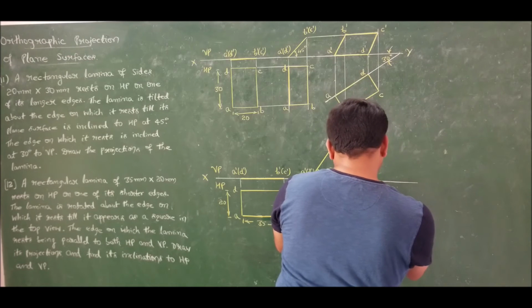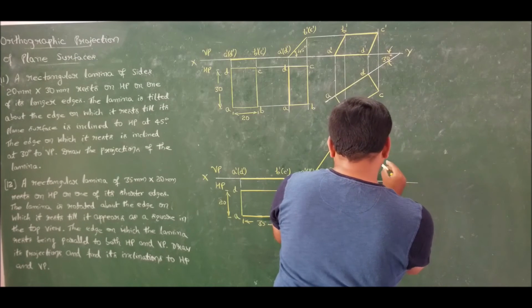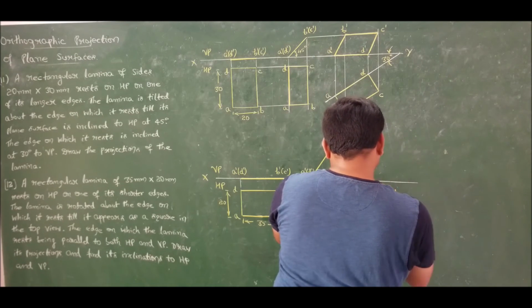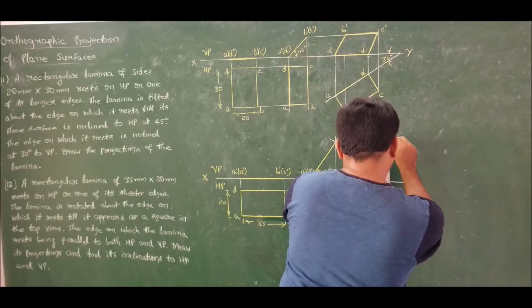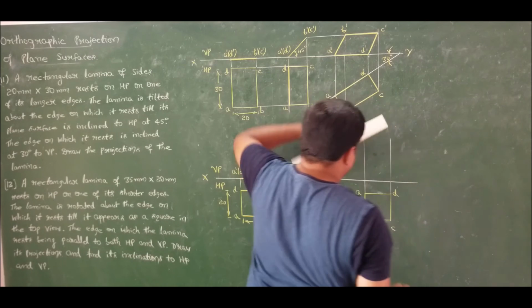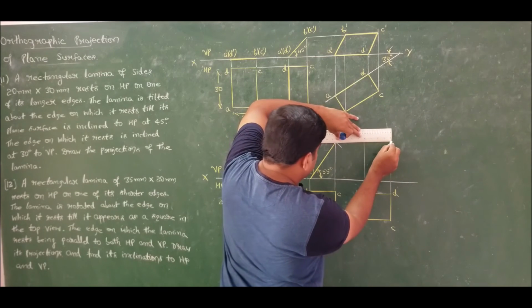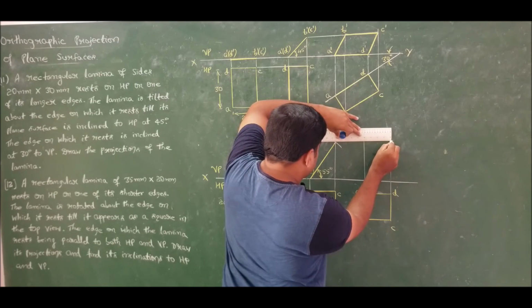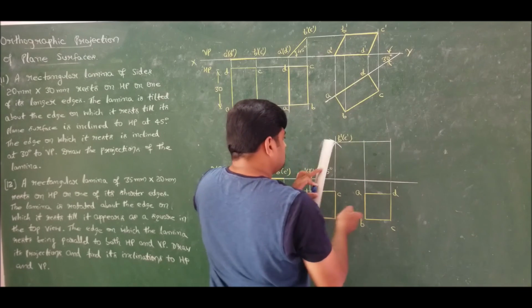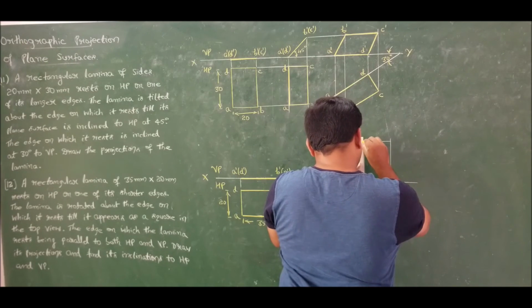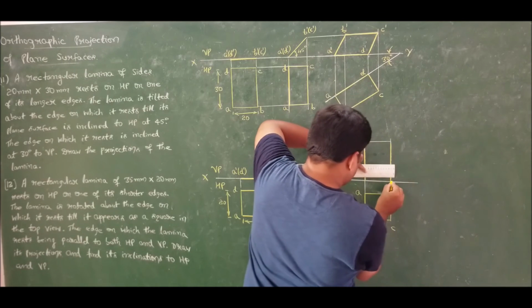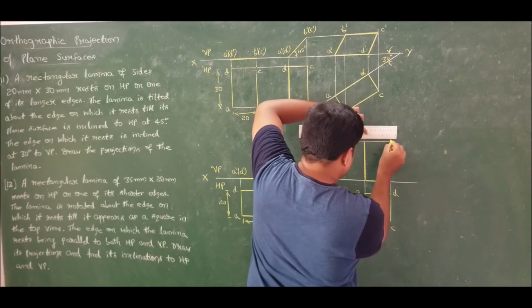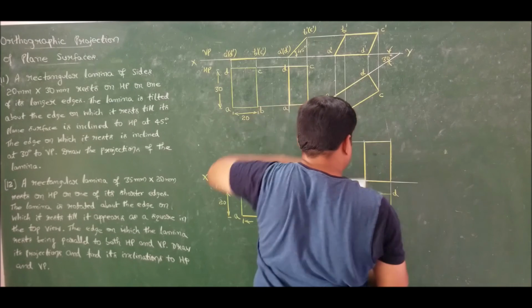Now take the projection and complete the sketch. So this is A, B is here, this is D, whereas C is here. Now take the projection and complete the sketch. Done.